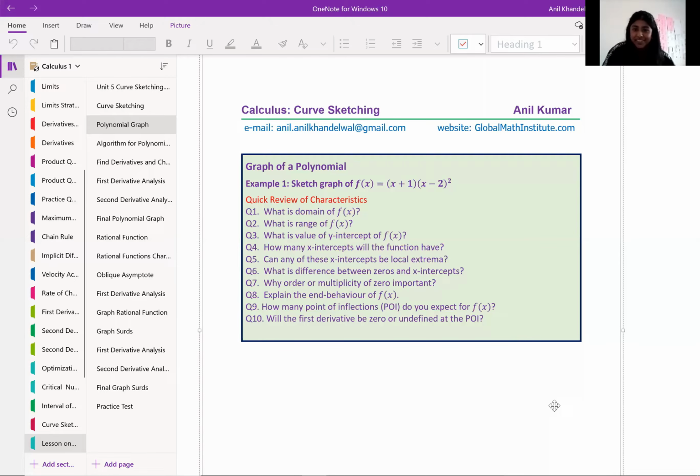Can you tell me the value in general of that point of inflection if my equation is ax³ + bx² + cx + d? So x equals −b/(3a)? That is absolutely correct. That is the only point. So even without doing the second derivative, you could find the point of inflection.